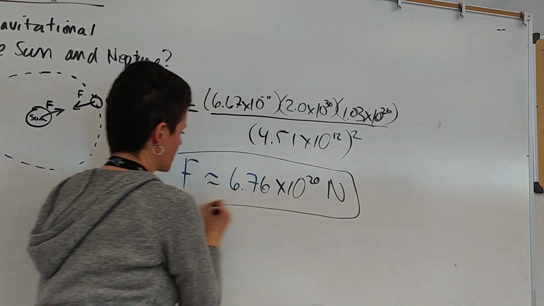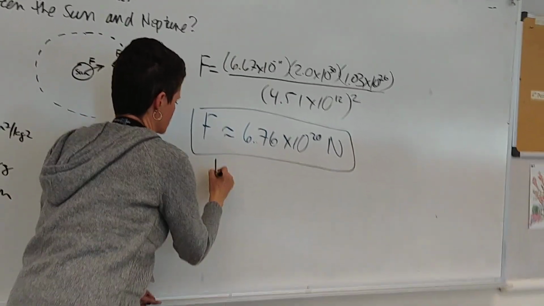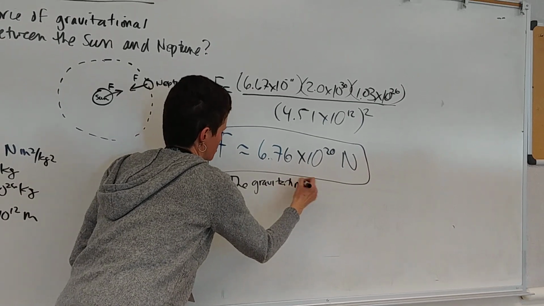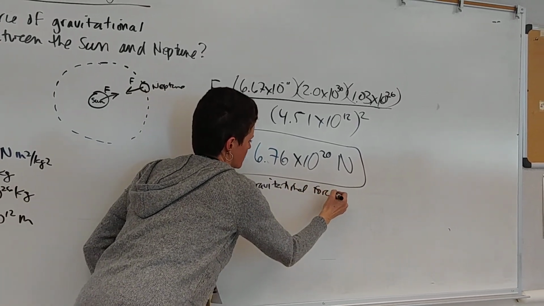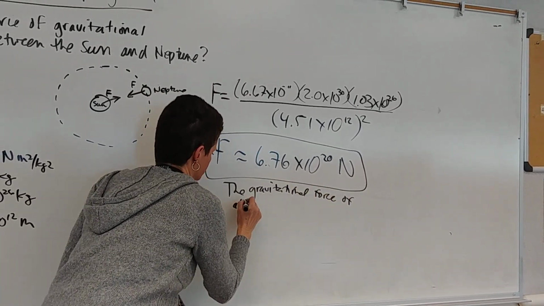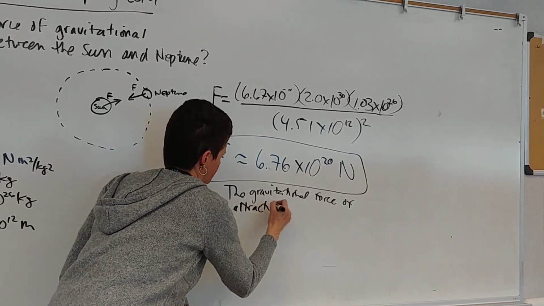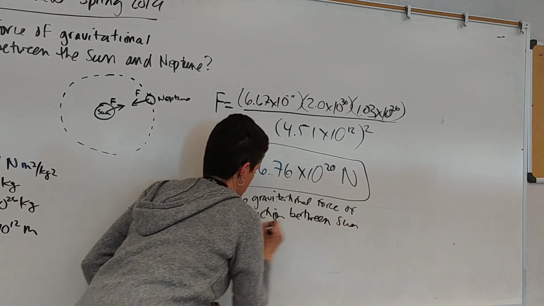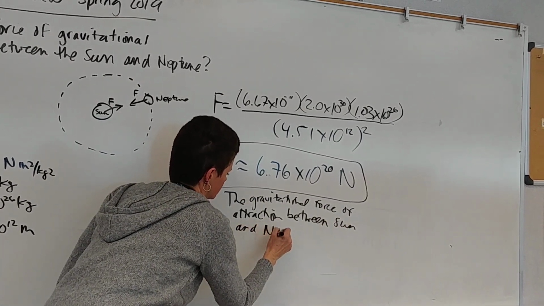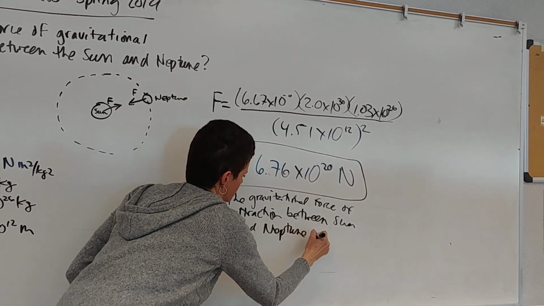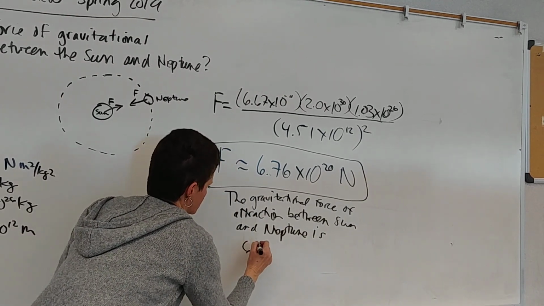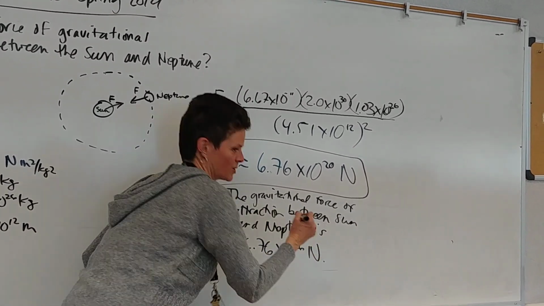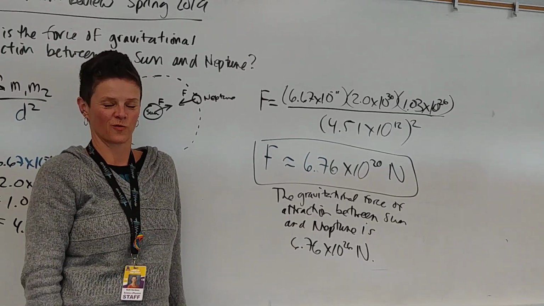So boxing my answer with units and finishing with a sentence: the gravitational force of attraction between the Sun and Neptune is 6.76 times 10 to the 20 newtons. Okay, thank you for watching.